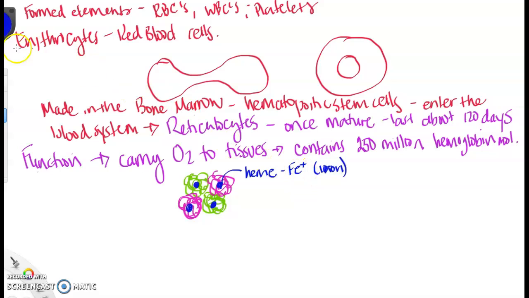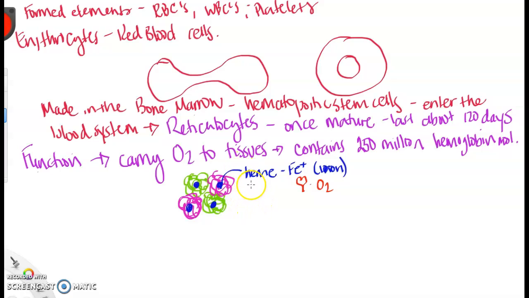And iron loves oxygen. Loves it. So oxygen binds onto the iron part of that heme, and that's how oxygen is carried on these, or in these erythrocytes.